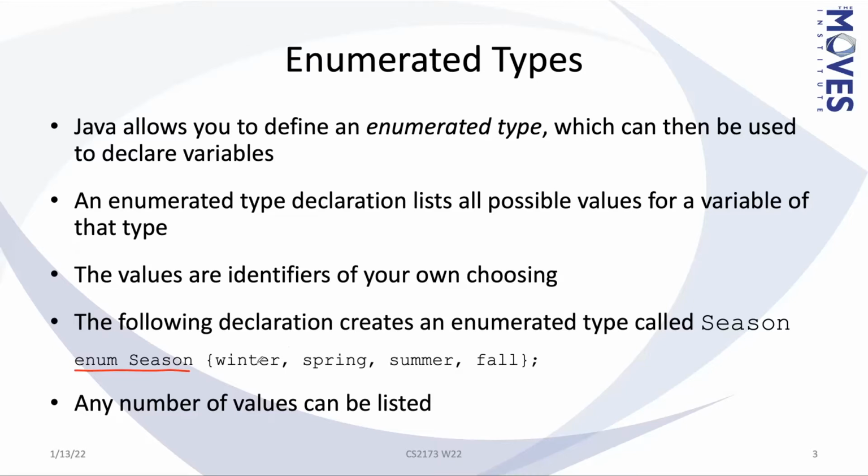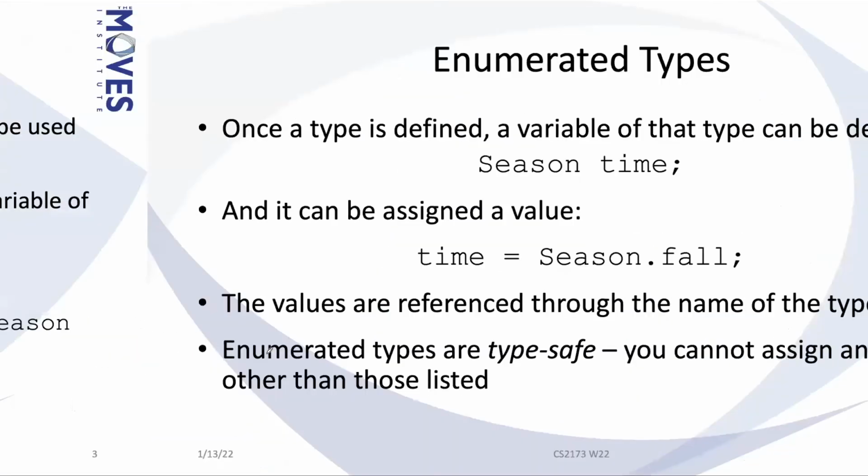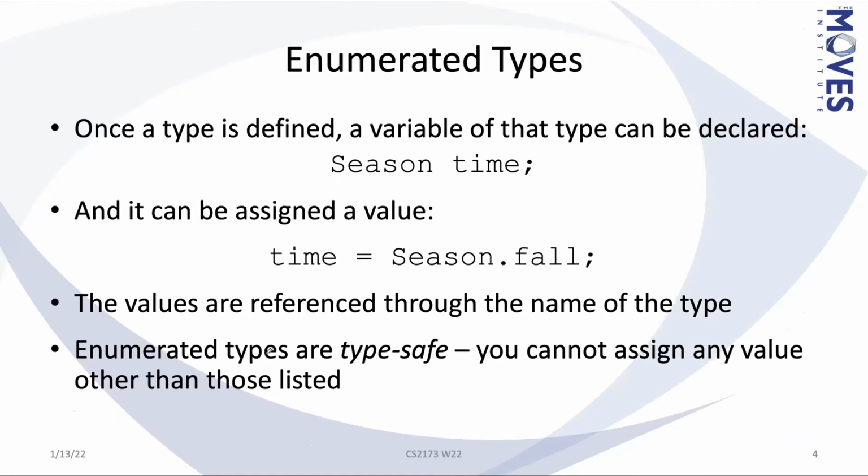And the advantage of doing it this way is that when we define a season to consist of these four values, then only those four can be assigned to a variable of type season. So once we define it, we can use it as a type.